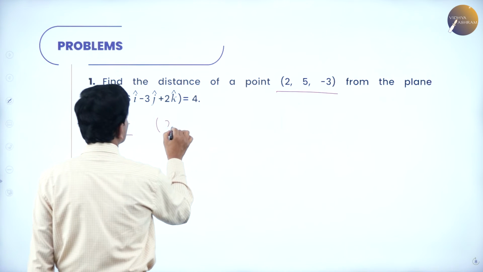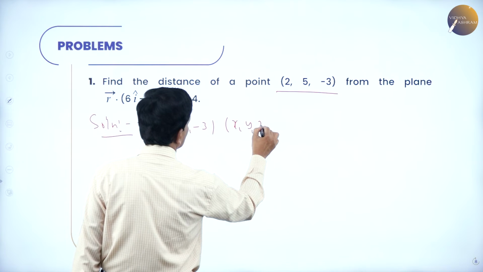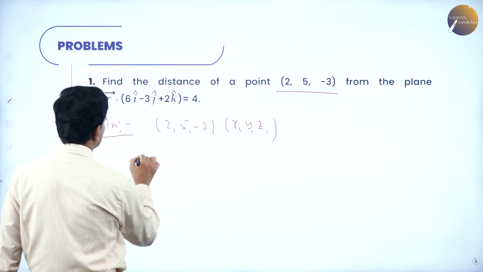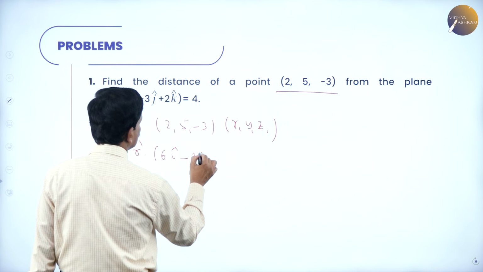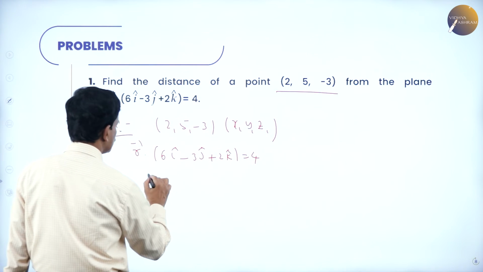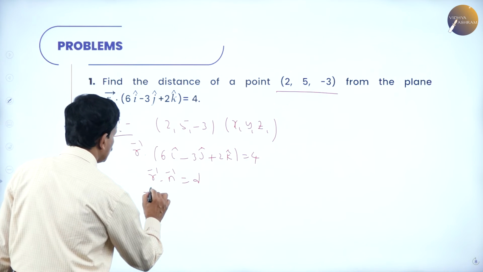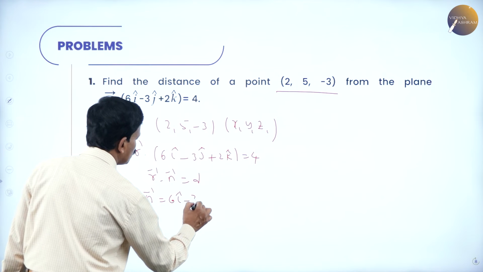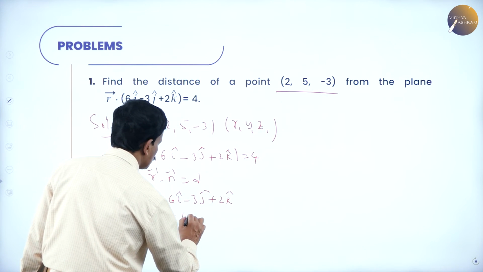The point 2, 5, minus 3, these are nothing but x1, y1 and z1. And the vector equation r dot (6i minus 3j plus 2k) is equal to 4 is nothing but r dot n is equal to d. Here n is the vector 6i minus 3j plus 2k and d is equal to 4.